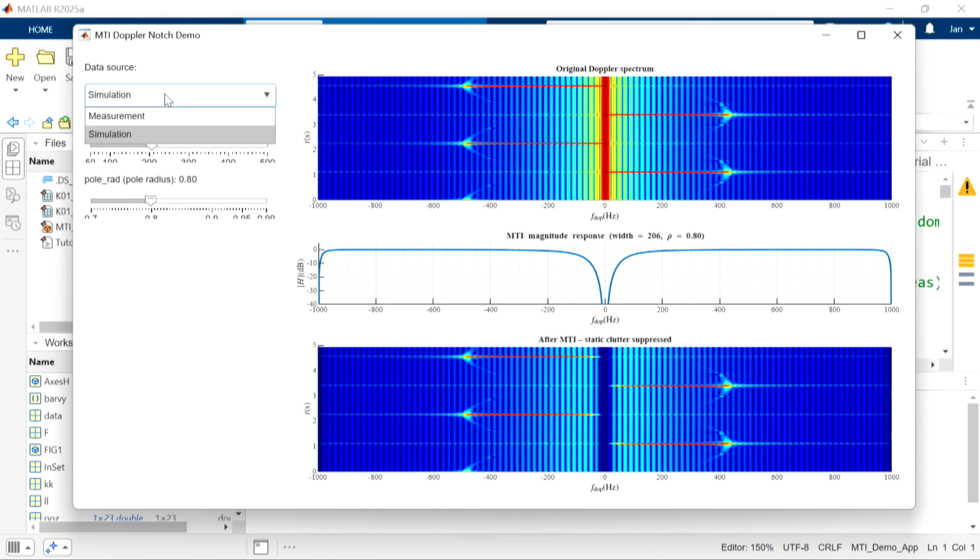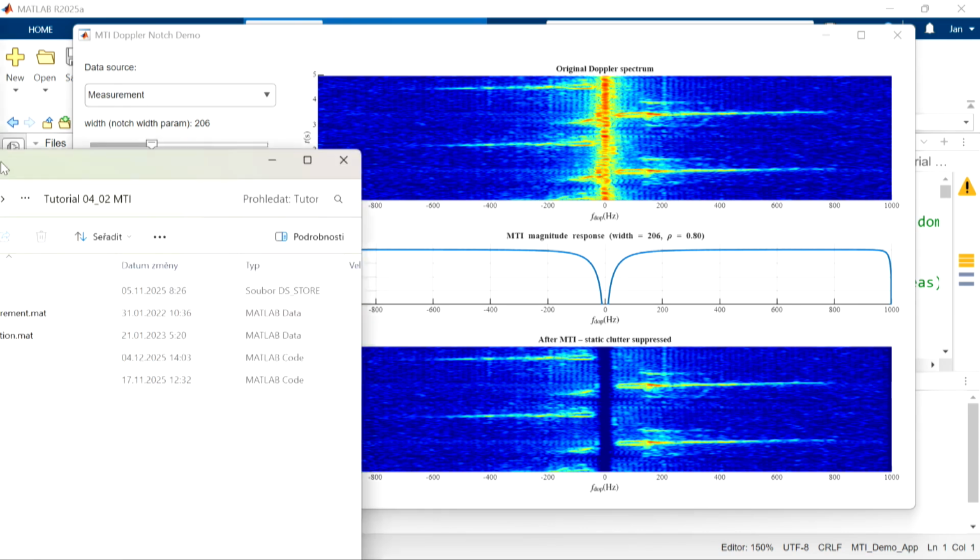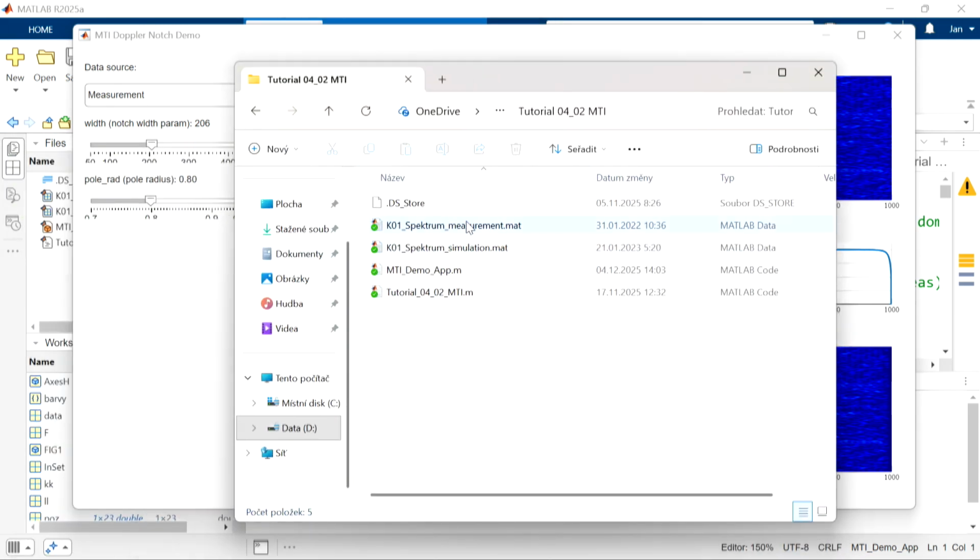And please, after you finish with your setting, just switch to measurement. It is already pre-processed data. I will show you. It is generally like a spectrum simulation. It is a MAT file. It is just a matrix with data.